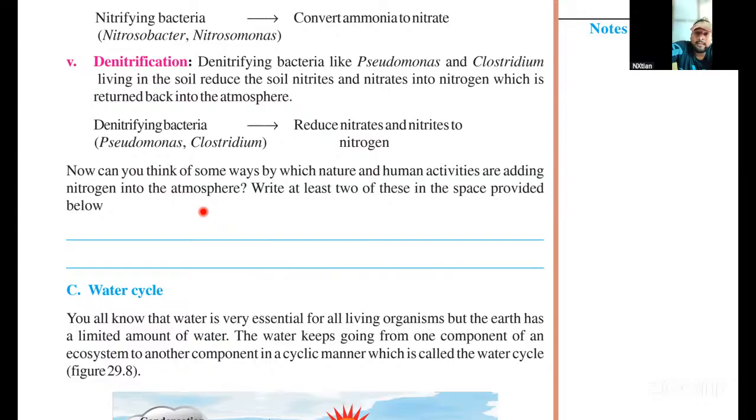But it's not like that, because some of the denitrifying bacteria convert it back into atmospheric nitrogen. Then the cycle will continue again, and the lightning will convert N2 into N2O, NO, or NO2.